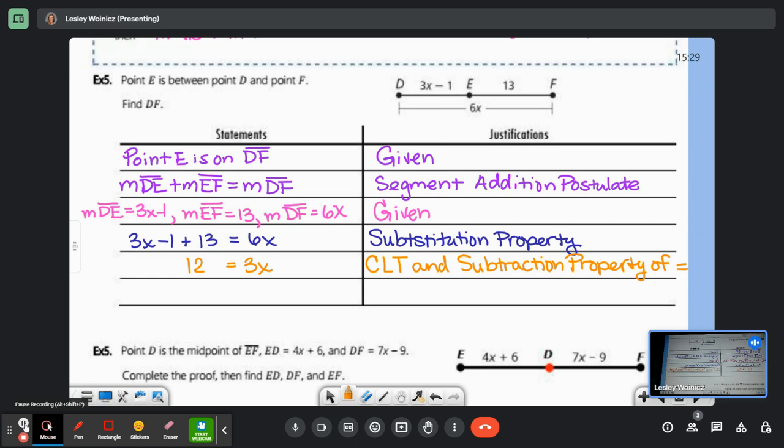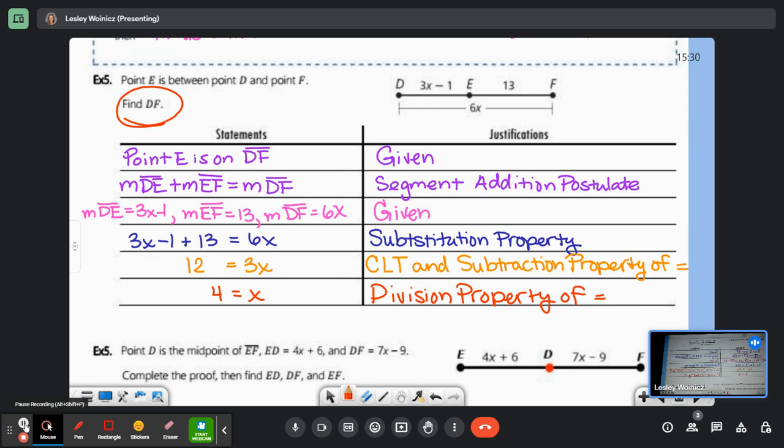Okay, last but not least, how do we get x? Okay, divide both sides by 3 and we get 4 equals x. So that was the division property of equality. Okay, so what did they ask us to find?